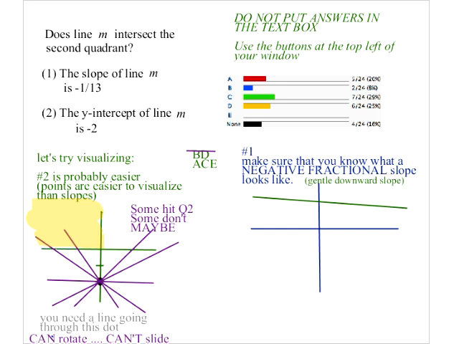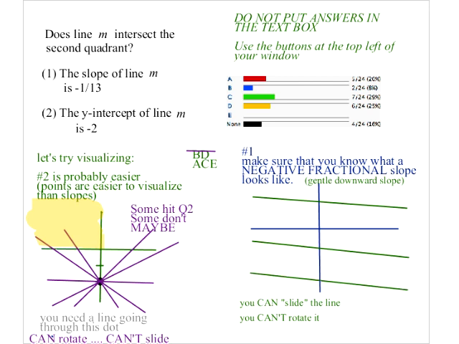Let's talk about freedoms of movement. You can slide the line, but you can't rotate it. So in other words, you can take this line and slide it down like here and here and here.